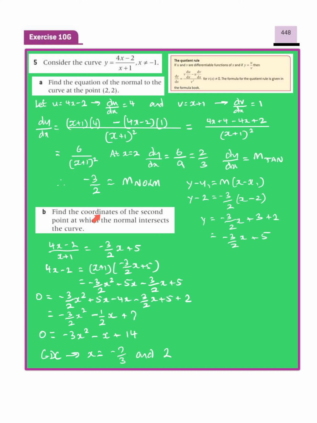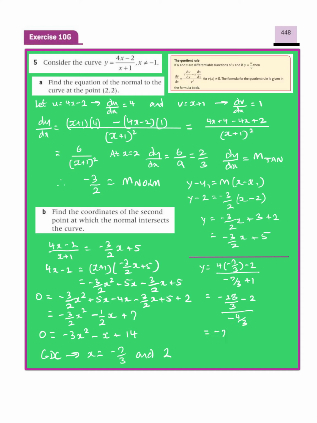But the question was find the coordinates, not just the x value. So we have to put the minus 7 on 3 into here to find the y value. So let's do that. y equals (4 times minus 7 on 3 minus 2) divided by (minus 7 on 3 plus 1). That's going to be (minus 28 on 3 minus 2) divided by, well, 1 is 3 on 3, so minus 4 on 3.